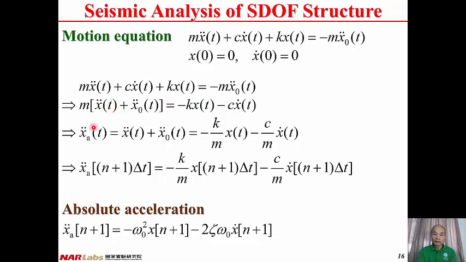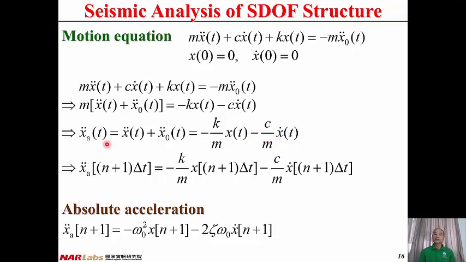Therefore, we have xa double dot. A here stands for absolute. Therefore, xa double dot, the absolute acceleration of the structure, equals x double dot plus x0 double dot, equals minus k divided by m times x, minus c divided by m times x dot.